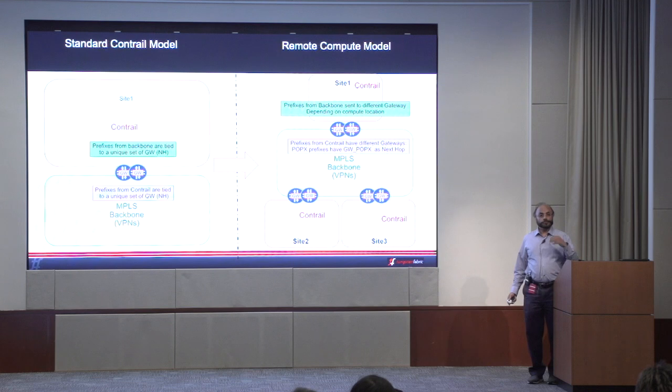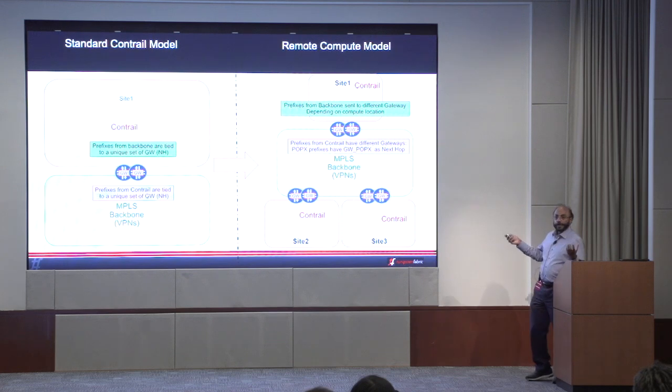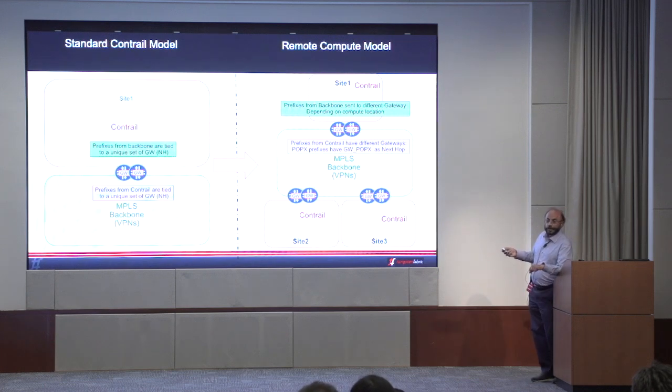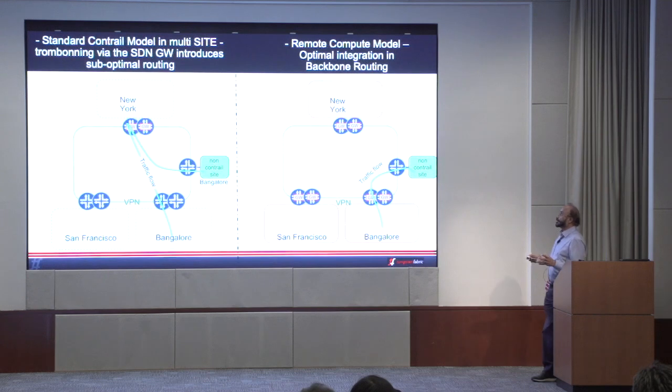On the left model, we don't care because it's one central model, so it's assumed all the compute is available in one place. Now that the compute is distributed and each compute has a different gateway, we want to compute different prefixes and map those prefixes. That's how we take the same architecture and expand it.